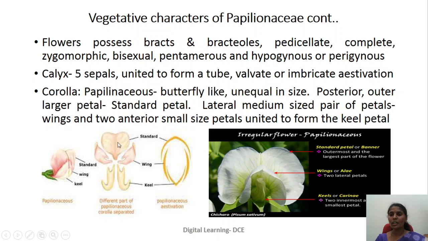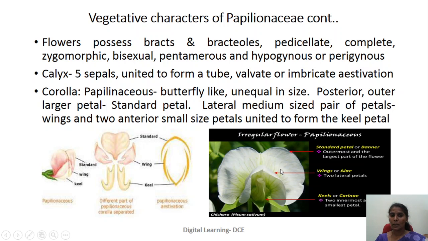The outer posterior larger petal is referred to as the standard petal, and 2 medium-sized lateral petals are referred to as winged petals. Next to the winged petals, there are another 2 petals which are united to form a boat-like structure called the keel petal, arranged in descendingly imbricate aestivation.